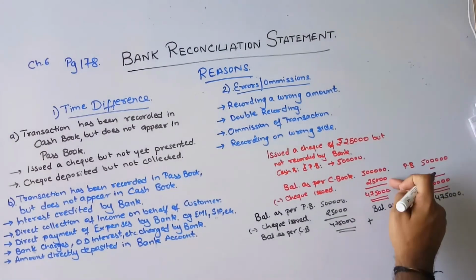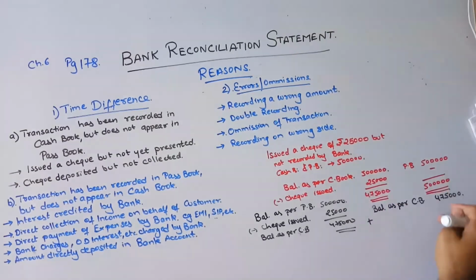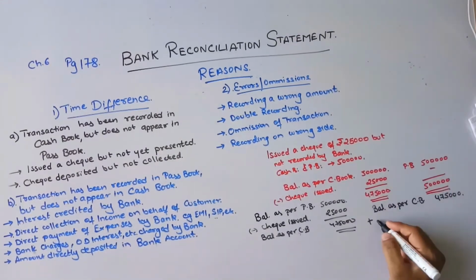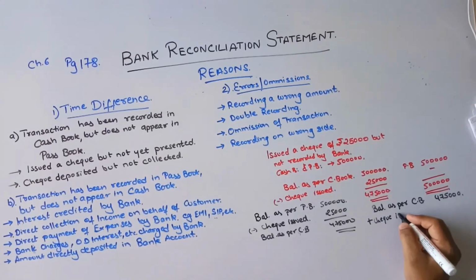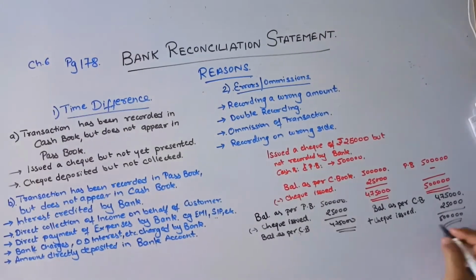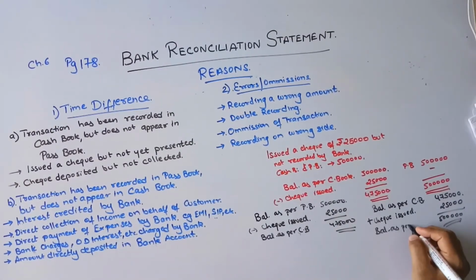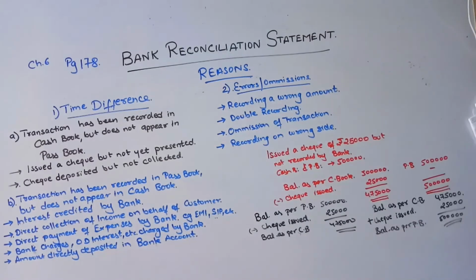So this 25,000 which you have already recorded in your cash book, you will now add back over here. Add check issued but not yet cleared of 25,000. So you will get 5 lakhs. This is nothing but your balance as per passbook.